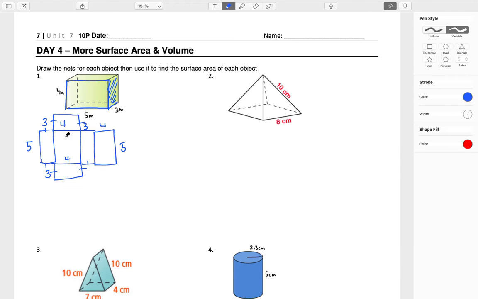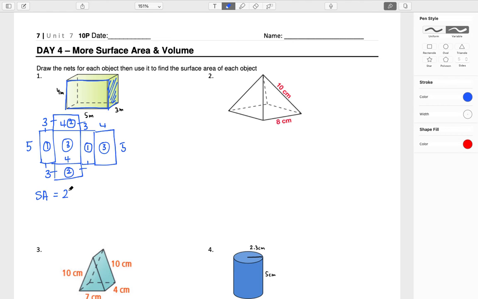So it looks like I have 3 different rectangles. So the surface area of 2 of, let's say, this is 1, right? And then this is 2 and 2, same thing, same shape. And then this is 3 and 3.